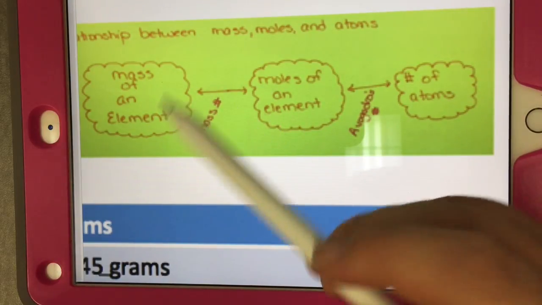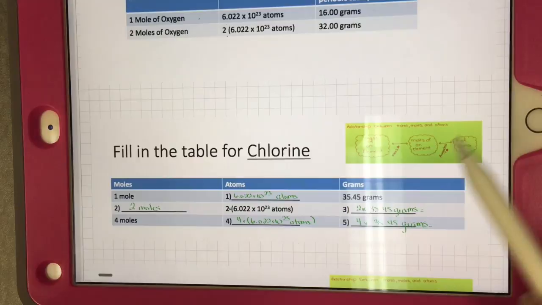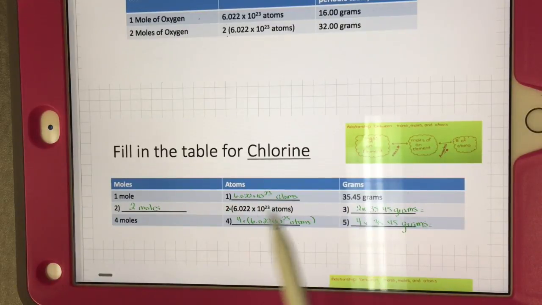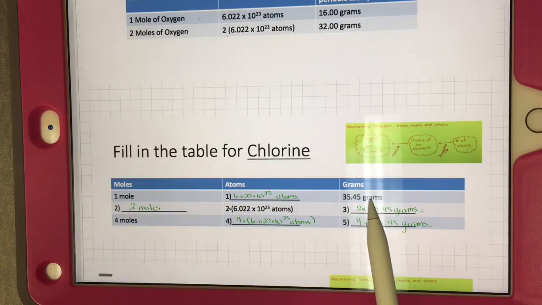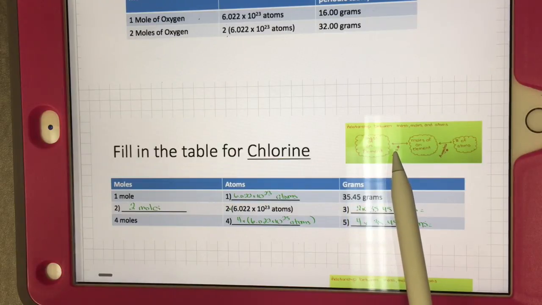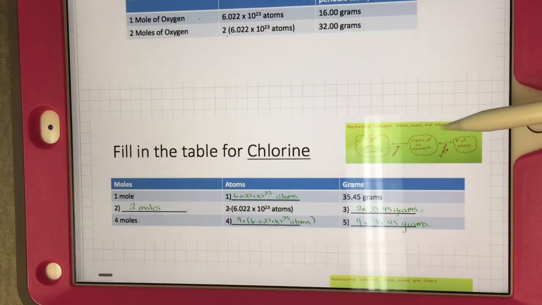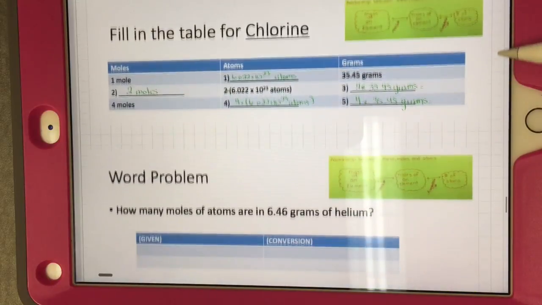We have to use the mass number found in the periodic table, which is what we're doing here. We have 1 mole is going to be the mass number, which is 35.45 grams. So you can use this map to help guide you through the relationships between these things.